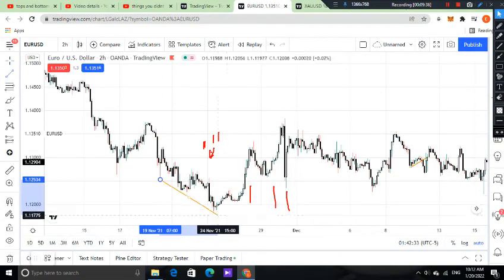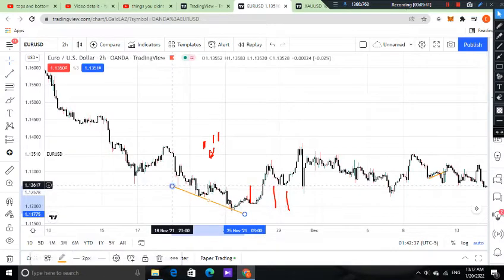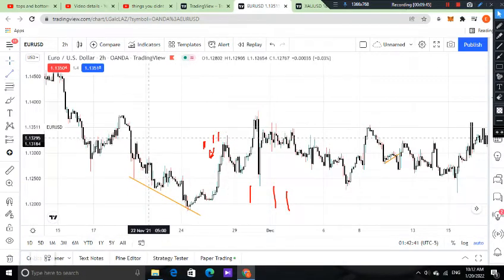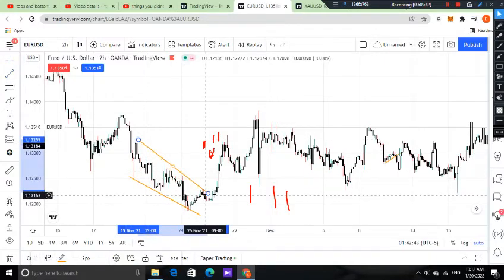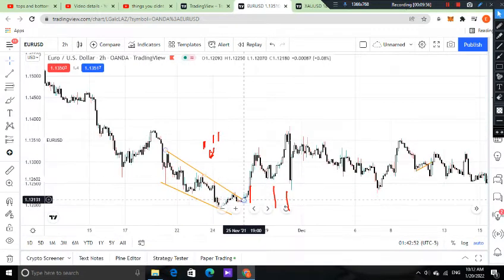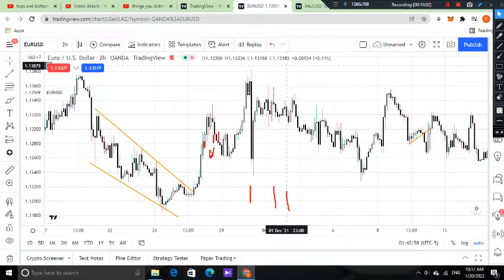Here again, it's a big one, it's a wedge. You can draw its upper line to see it more clearly. It's a wedge.